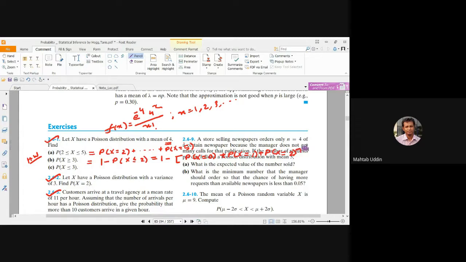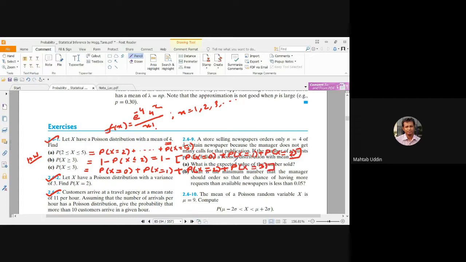This is the answer. Finally, P of x less than or equal to 3 will be P of x equal to 0, P of x equal to 1, P of x equal to 2, P of x equal to 3.